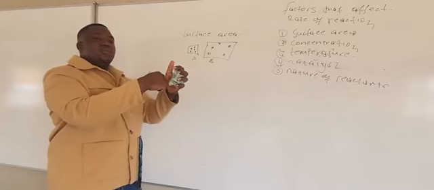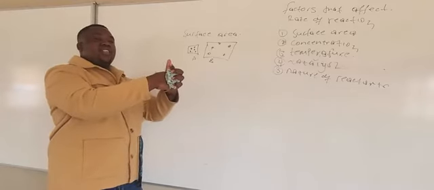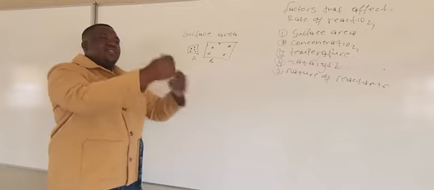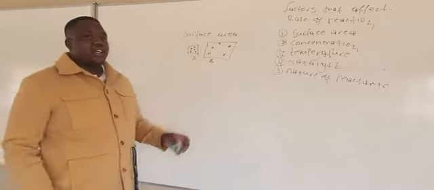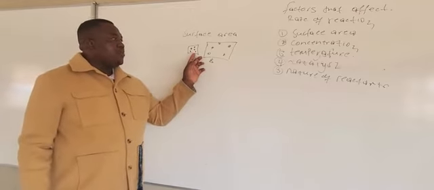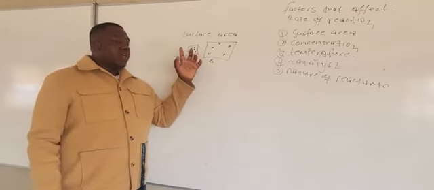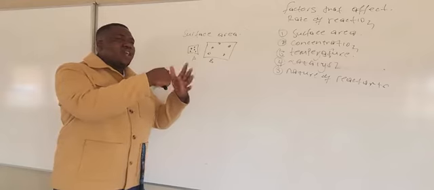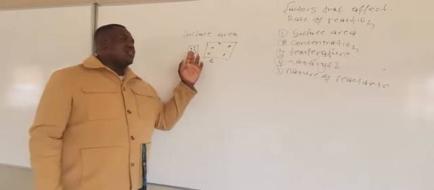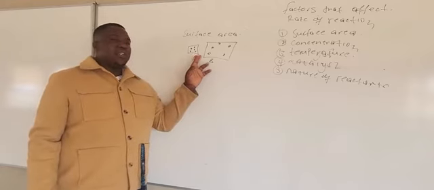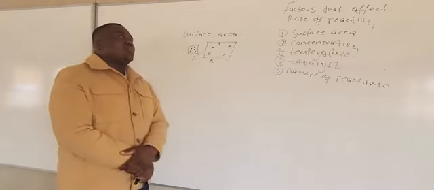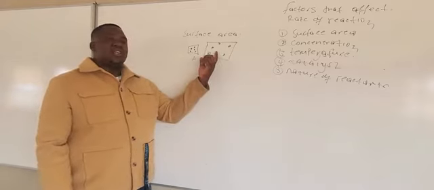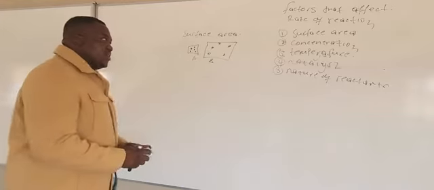When molecules are closer to each other, they don't have enough space to collide. So surface area talks about space. Here, the molecules are going to collide, but they are not going to collide harder because there is not enough space, enough surface area. Here, molecules are going to collide even harder because there is enough space.